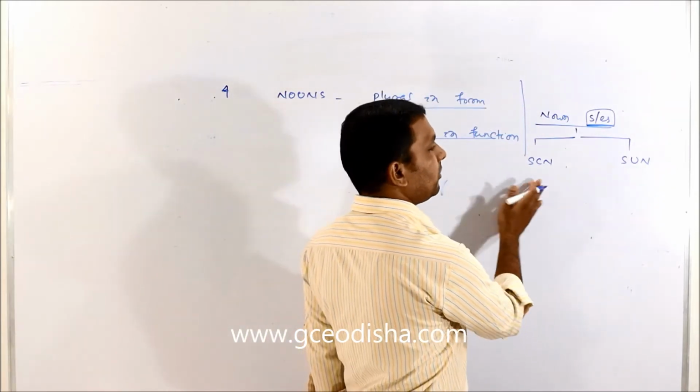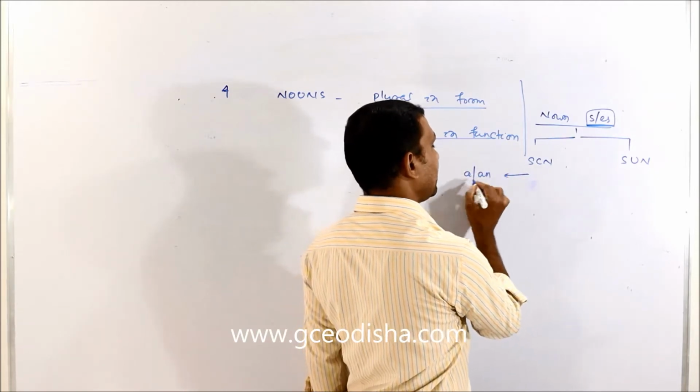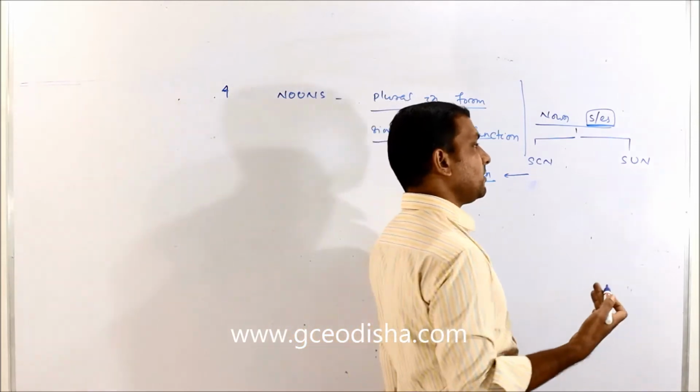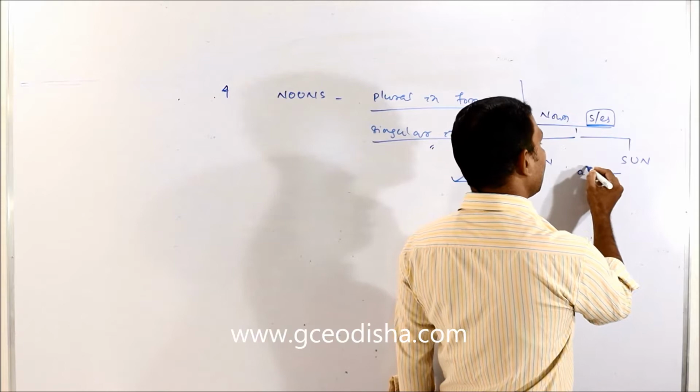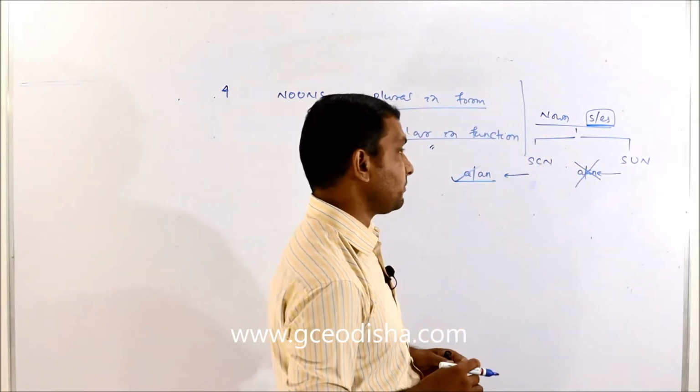If they are singular countable, then we can easily use the article a or an before it. And if they are singular uncountable, then using articles, mostly a or an, will be incorrect.